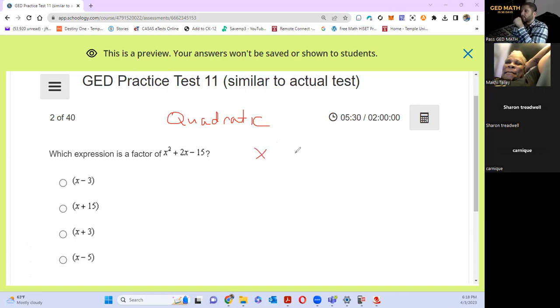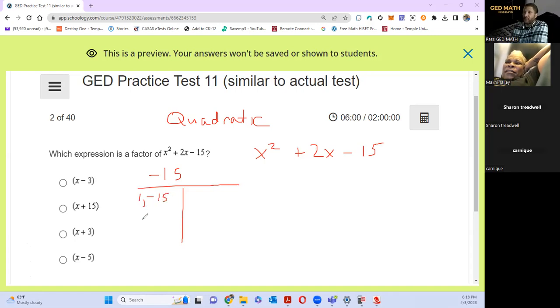We have to factor negative 15. So I want you to tell me the factor pairs. What two numbers can I multiply together to get negative 15? Start with 1 and negative 15. 2 doesn't go into 15.